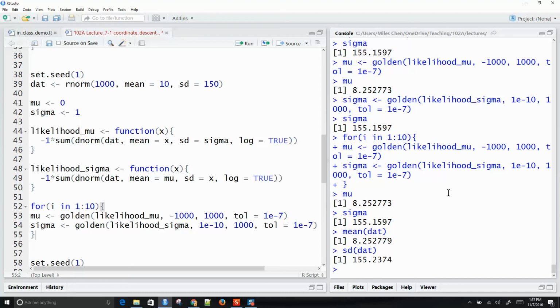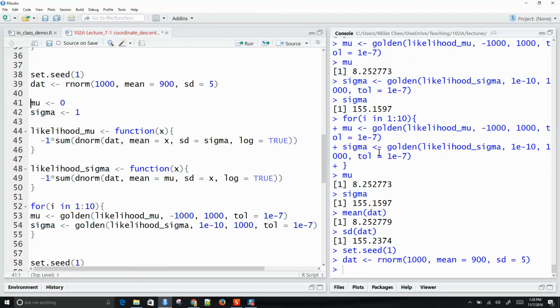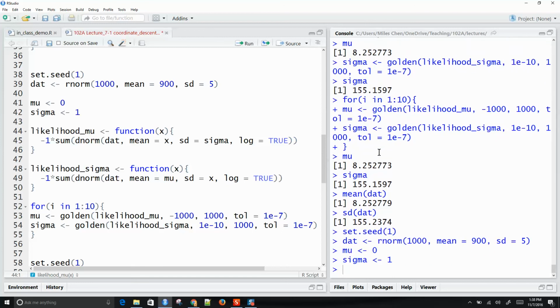I could say, let's make the mean 1,000 and the standard deviation equal to 5. Oh, you know what? Let's not do 1,000, we'll say 900. Okay, so we'll just generate new data, starting off with our initial estimates: mu is 0 and sigma is 1, and I'll just do one iteration at a time.